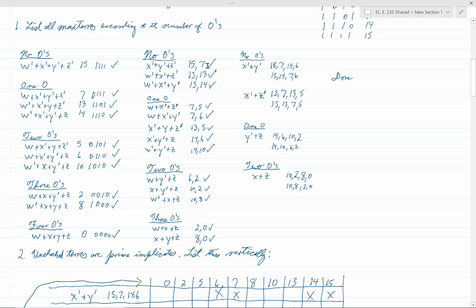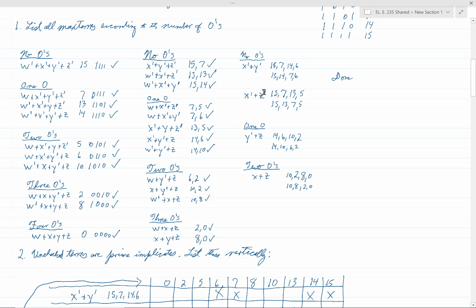Now 15, 7 and 14, 6 would give us X prime or Y prime, but also 15, 14 and 7, 6 would give us X prime or Y prime. So you just need to keep on going through this and check. Actually that's all of them we will have.